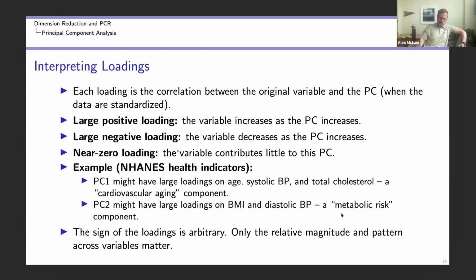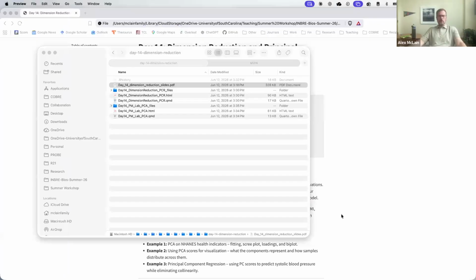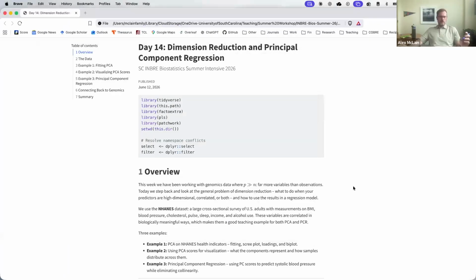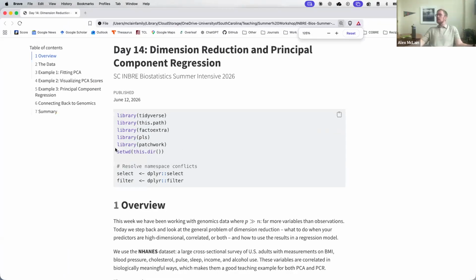So the first thing to look at from a principal component analysis is the loadings that you get on the particular variables. We'll go back to that nutrition example in a little bit, but let's go to our .qmd file and take a look at our example here for the day.